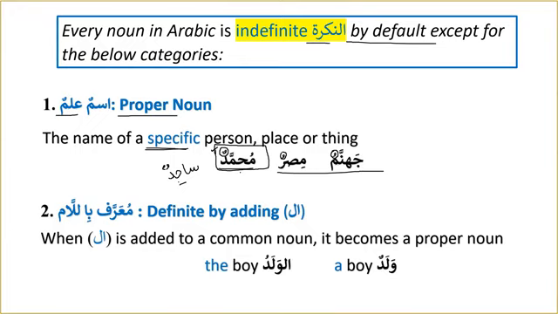Similarly, Muhammadun is a common noun, by the way. But when you name someone Muhammadun, because Muhammadun is ismul maf'ul, meaning someone who is praised a lot. So in Arabic, by nature they are common nouns, but when we associate them with someone, they become a proper noun. So please remember.